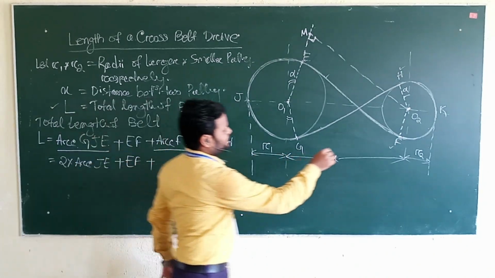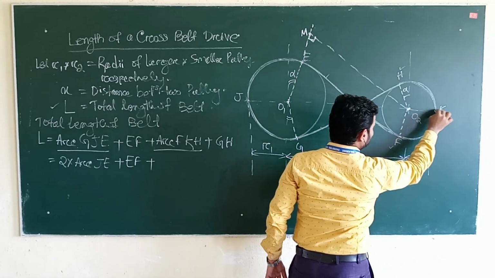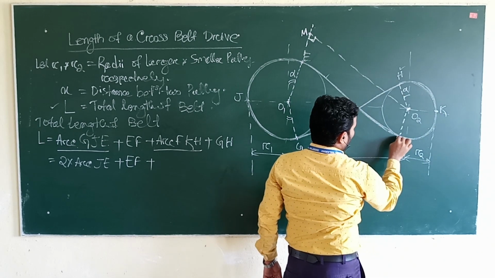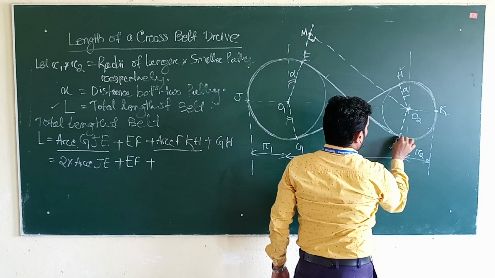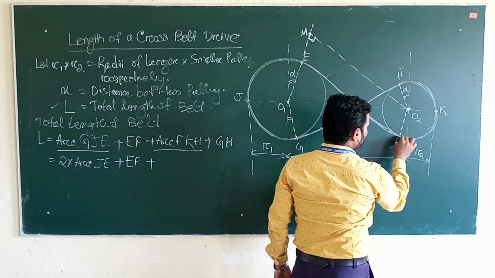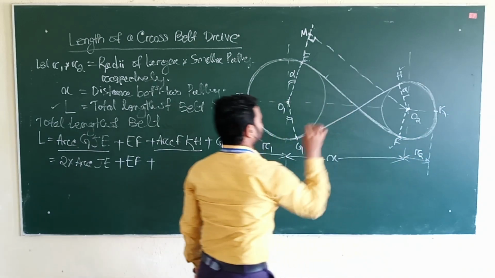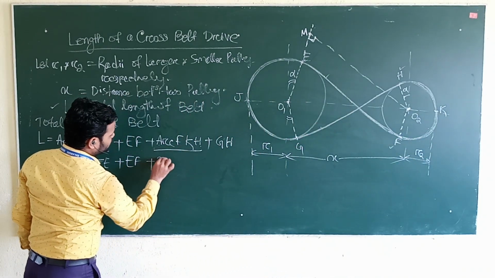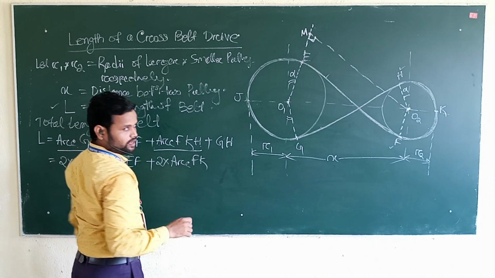In place of arc F, K, H, the midpoint is K, so we can write the total arc F, K, H equal to twice arc F, K. If you multiply 2 into arc F, K, we get the total length of the arc.